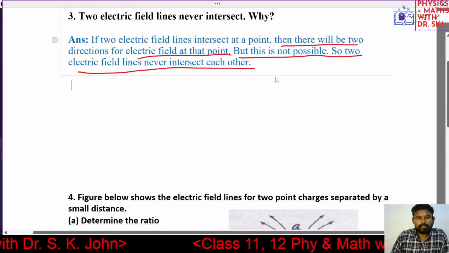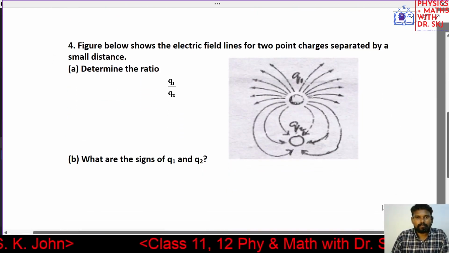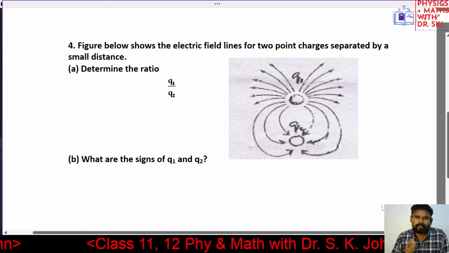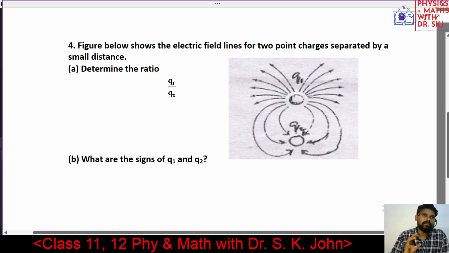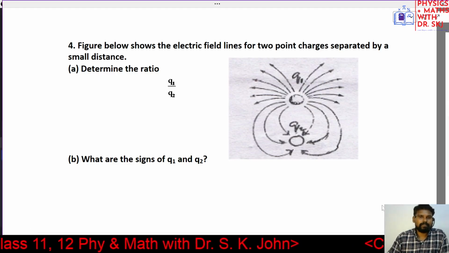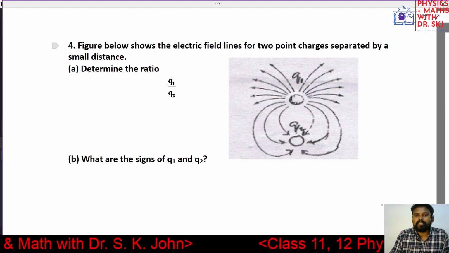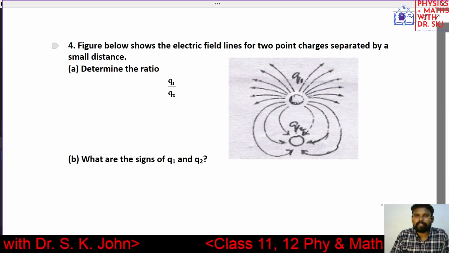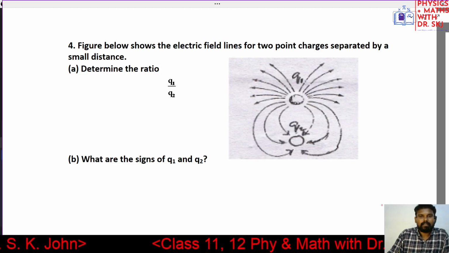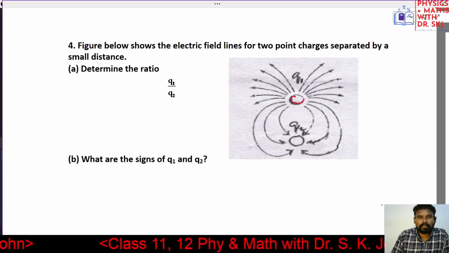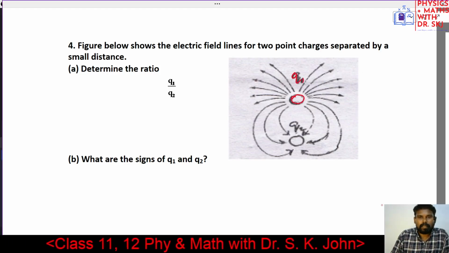Okay. Now coming to another question. That's not a very good question, but roughly you can say the answer. It's a conceptual question. The figure below shows the electric field lines for two point charges separated by a small distance. Okay, these are two charges. One charge is q1, other charge is q2.